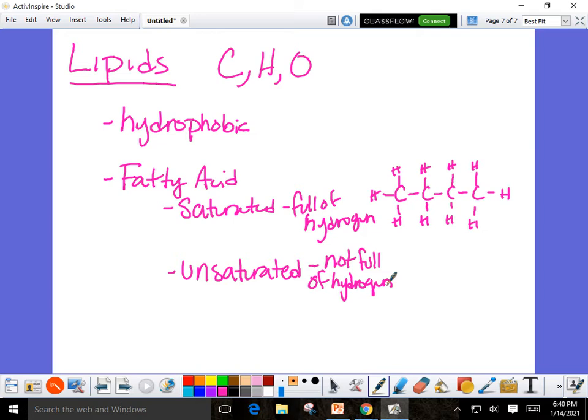They often will look similar to the saturated one with one big difference. So 1, 2, 3, 4. The big difference is there's a double bond in there.